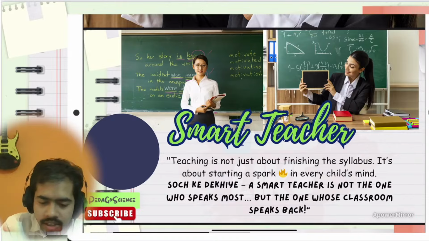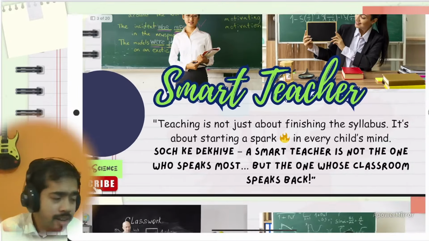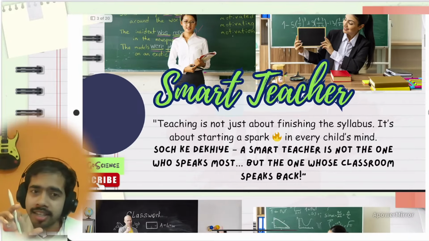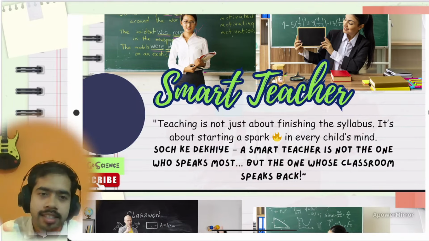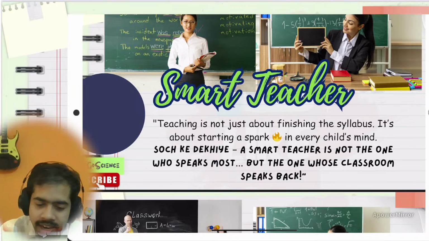When you say smart teacher, who is smart teacher actually? Smart teachers are the teachers who give opportunity to their students to ask something. They make students curious so that students do something and learn something. So here you can say a small definition.